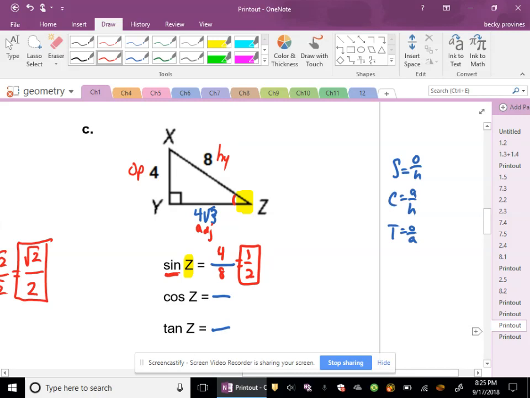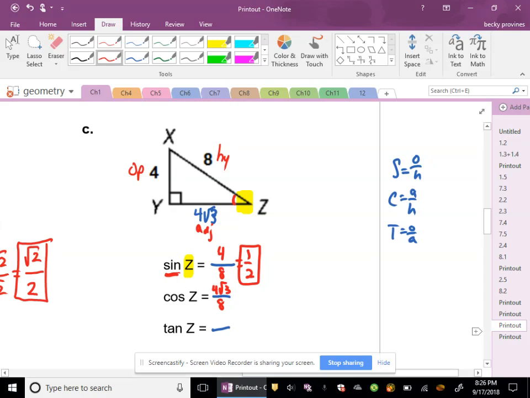Next, cosine. So cosine, if you look, is adjacent over hypotenuse. So this one might involve a little more work, maybe. Let's see, 4 root 3 over 8. So here's the question. Is the root 3 okay, or do you have to fix it? Hopefully you know if the square root is in the numerator, if it's on top, it's fine.